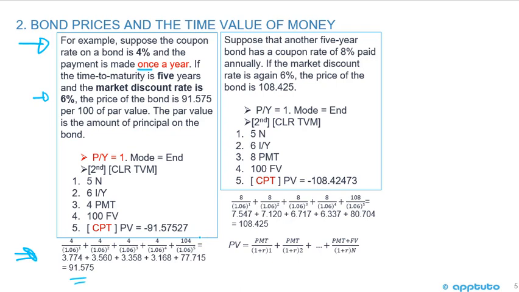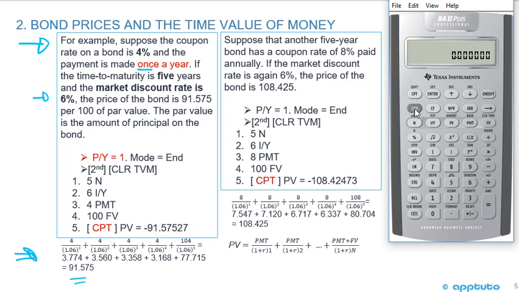So we have our 5 coupon payments, and we're simply doing a present value calculation using 6%. So that's for 1 year, 2 year, 3 year, 4 year, 5 year, and you add back the present value of the first coupon, second, third, fourth, and the present value of the 5th coupon combined with the par value, and using the algebra we get 91.575.